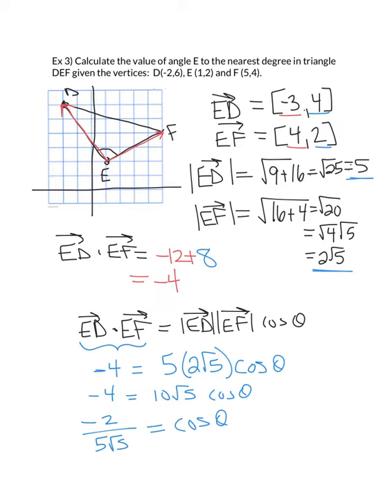In case that was difficult for you to see, I did -4 divided by 10√5 equals cos of theta, and then I just simplified that. And then if I want to do the cos inverse, I'm going to get my theta to be approximately 100 degrees. All right, and for our last example of the day, expand and simplify.